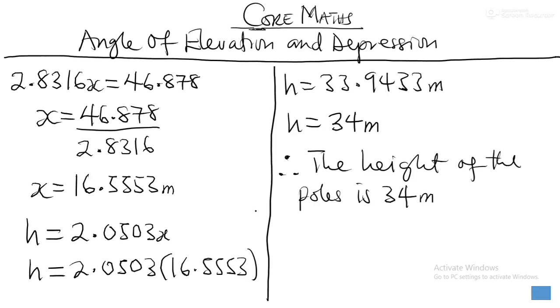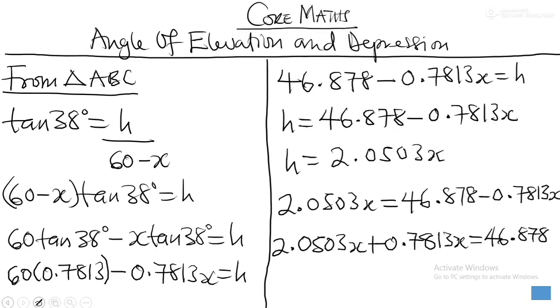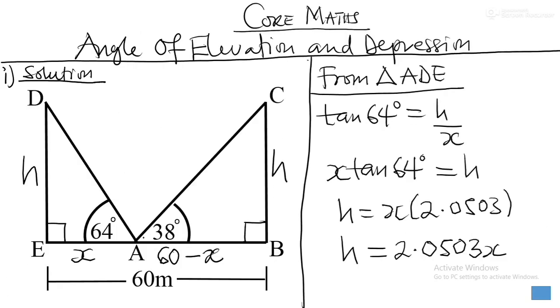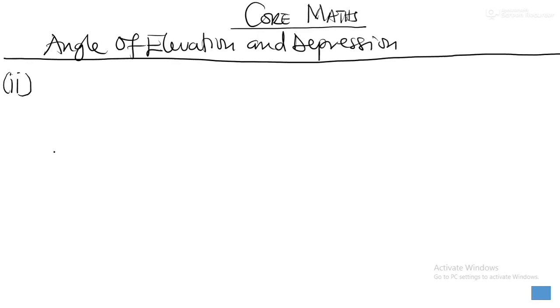Now, let's look for the answer for part II. Part II is the distances. We have to look for the distances from point A to the poles. So one is AE and the other one is AB.